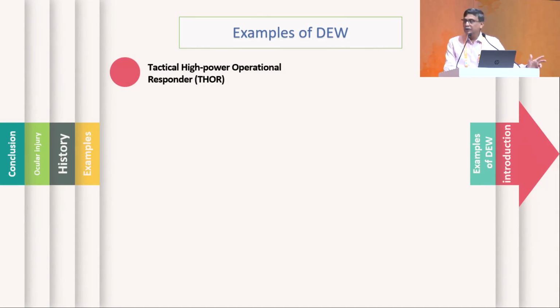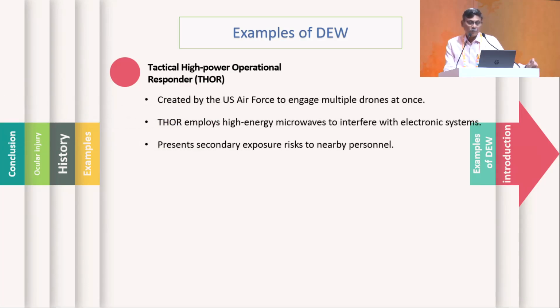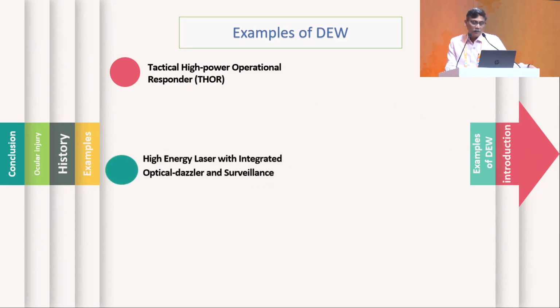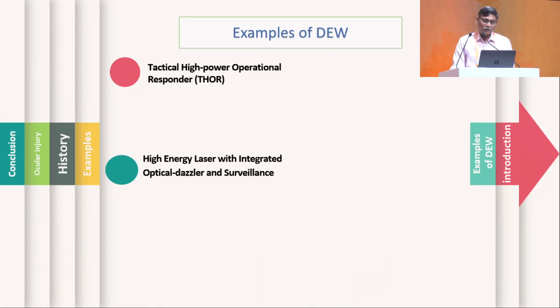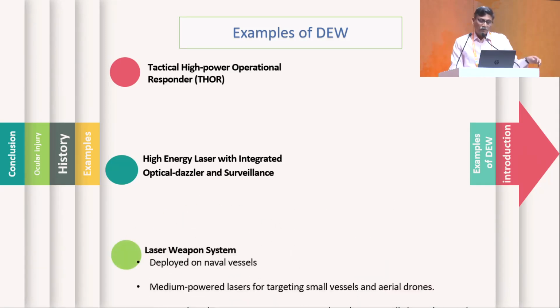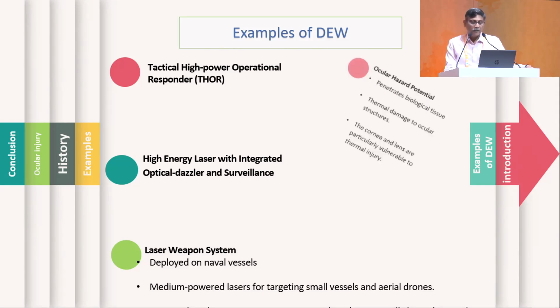If you take examples of directed energy weapons now, right from what the US is using, the Tactical High Power Operational Responder or THOR, which can use high power microwaves to target multiple drones, lasers with integrated optical dazzlers and surveillance, which are used on ships and can cause disruption to sensors and potential to harm operators, and weapon systems which are deployed on naval vessels for targeting aerial vehicles.